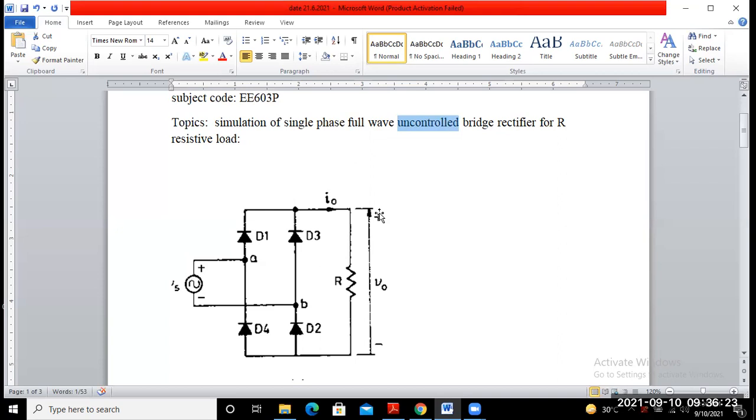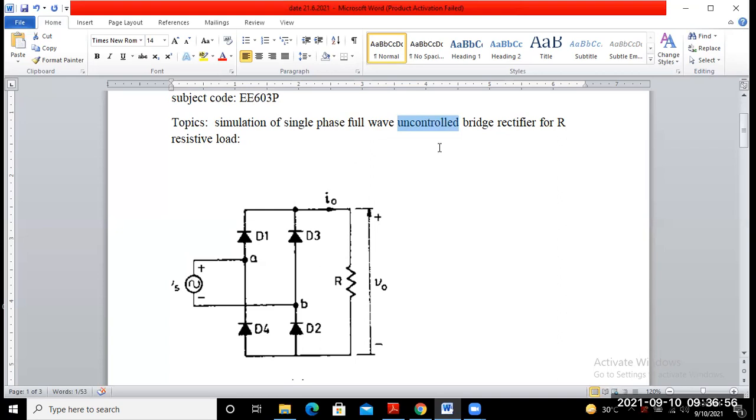From that instant, the SCR or thyristor starts to conduct. So through the gate pulse we are able to control the conduction of the thyristor, and thus control the output voltage of the rectifier. That rectifier we will discuss in another class.